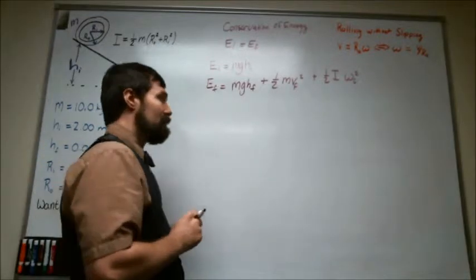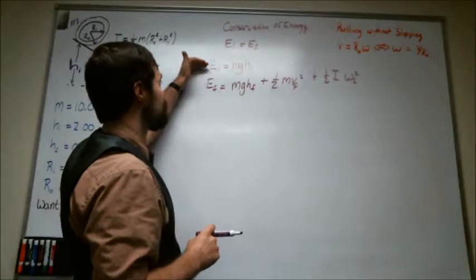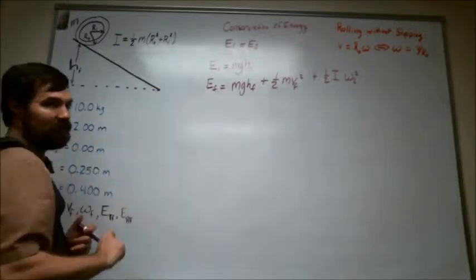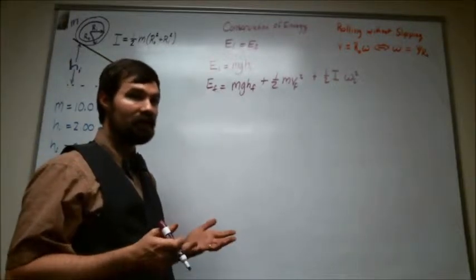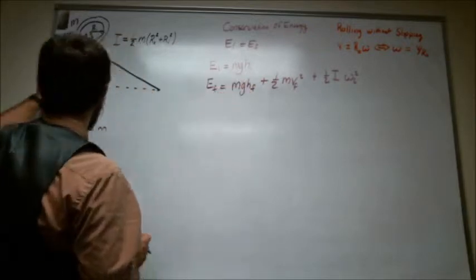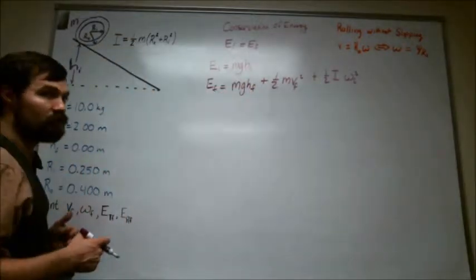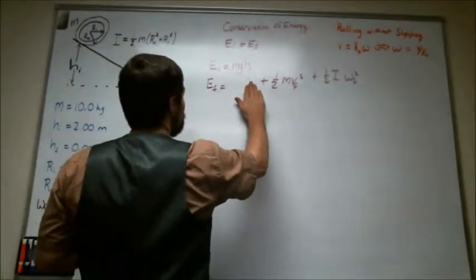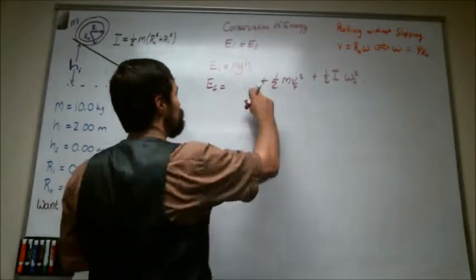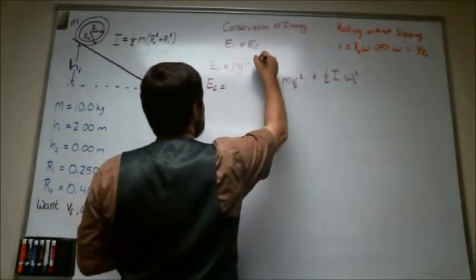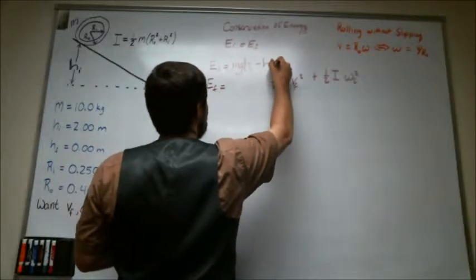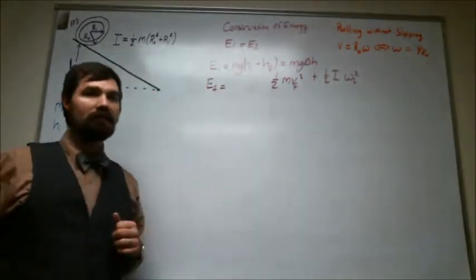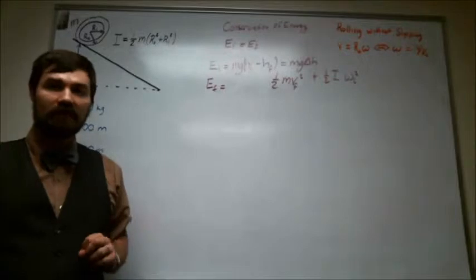So conservation of energy says we should set this one and this one equal to each other. And let's go ahead and take the base of the hill to be ground. So in other words, the initial height is 2 meters because it starts off 2 meters above the base of the hill. Another way of saying that is that we can ignore this term here, get rid of the potential energy from the final, and just subtract it from the initial. So our initial potential energy is really mg delta h.